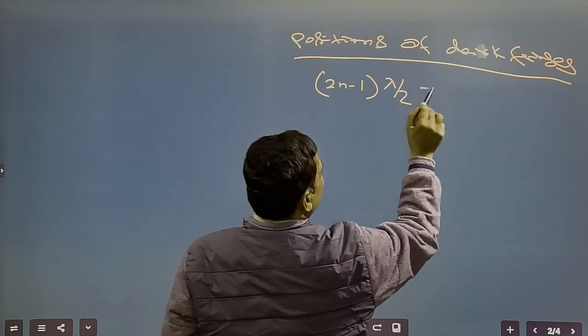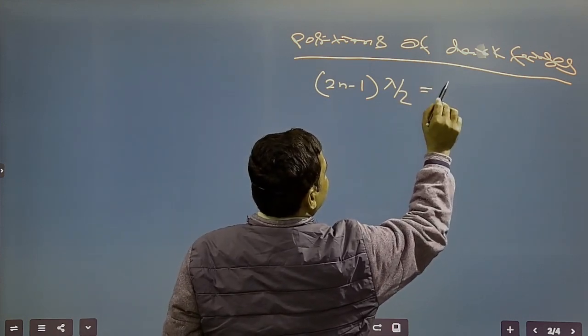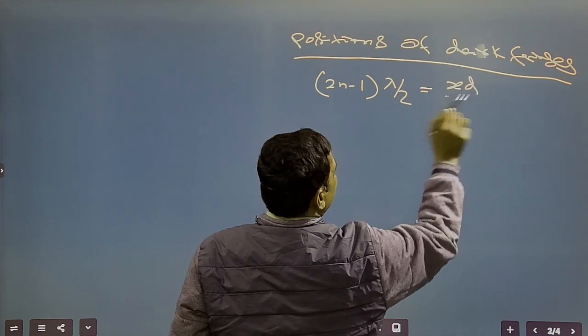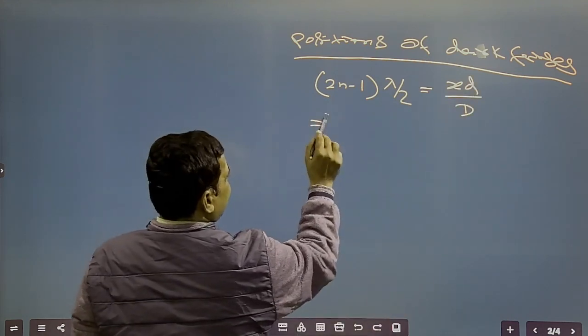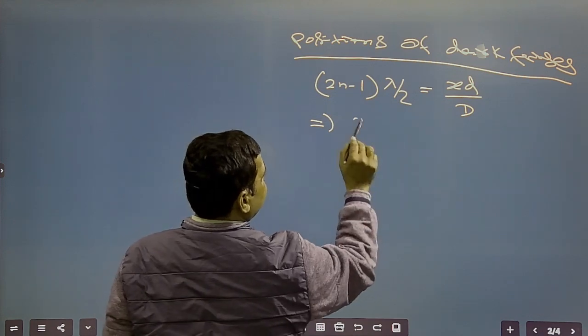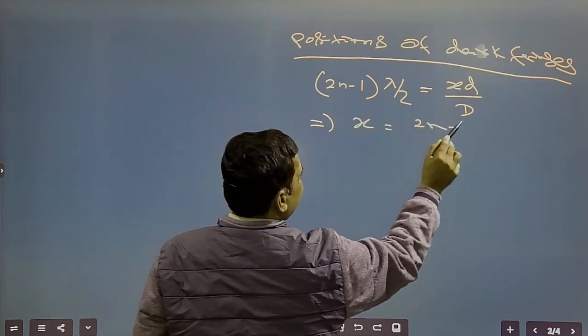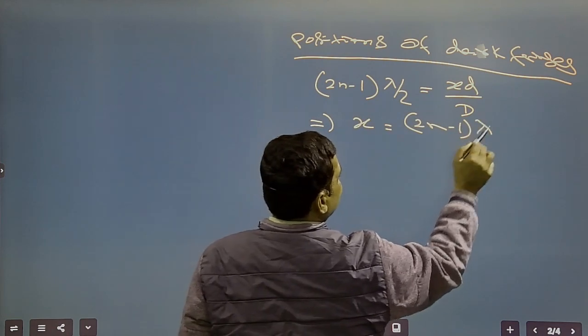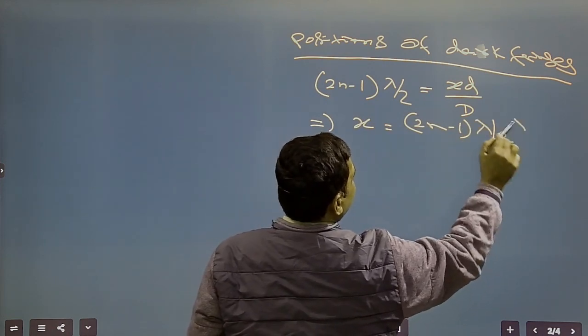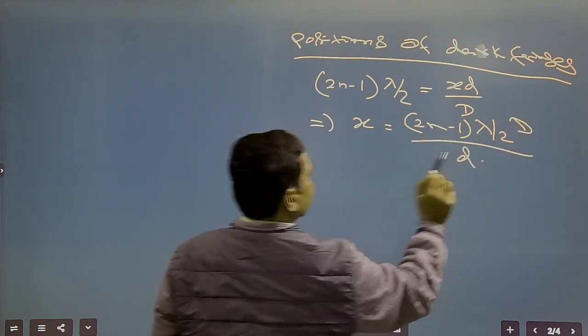Here we consider this as xd upon D. By cross multiplying, we get x equal to (2n minus 1) lambda by 2, into capital D upon small d, right?